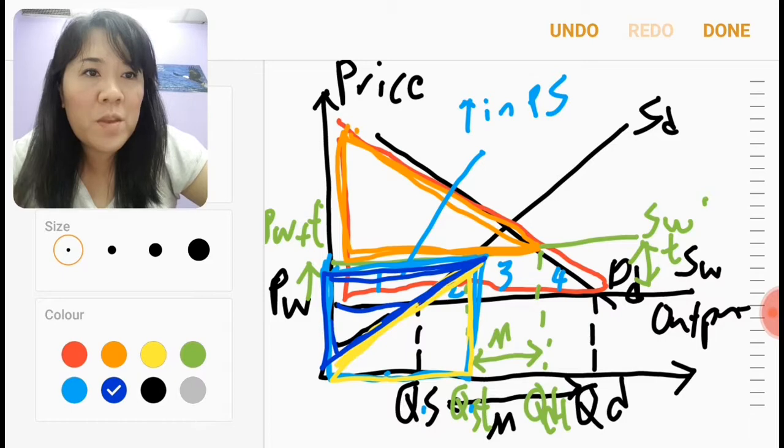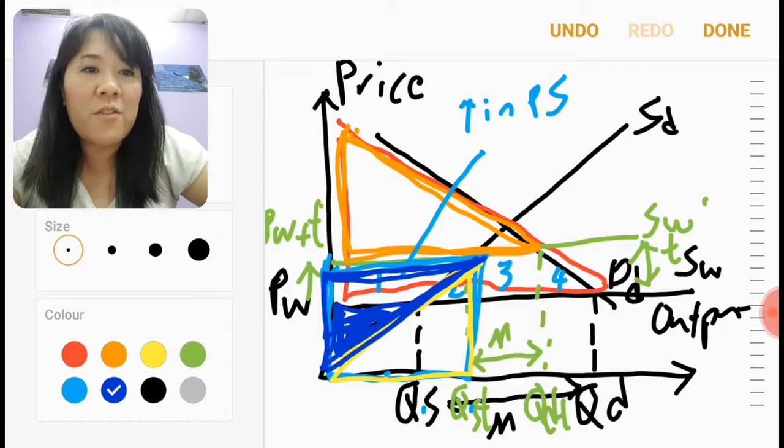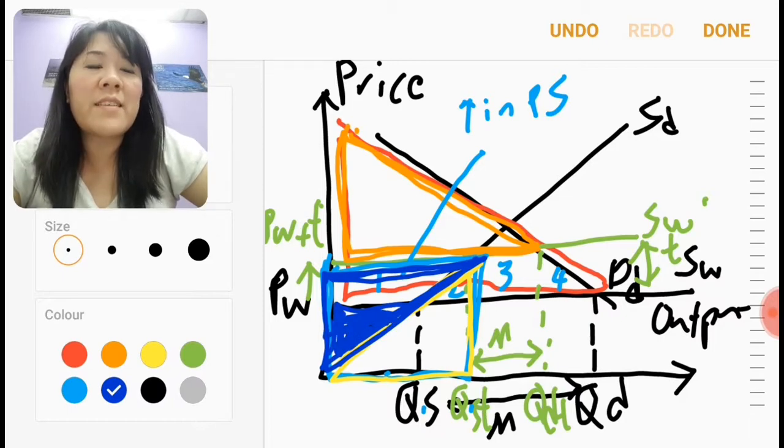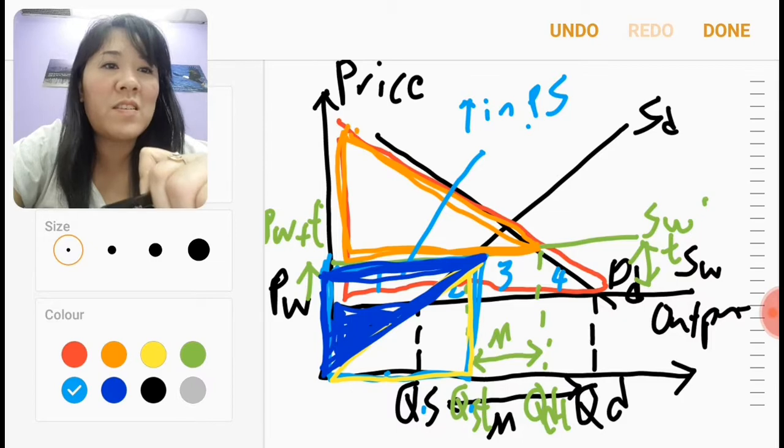Previously, the producer surplus was this blue shaded triangle, now it has increased to this whole blue triangle here. So this explains why area 1 is the increase in producer surplus.